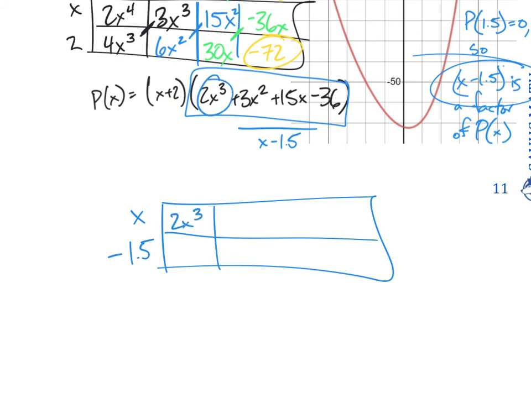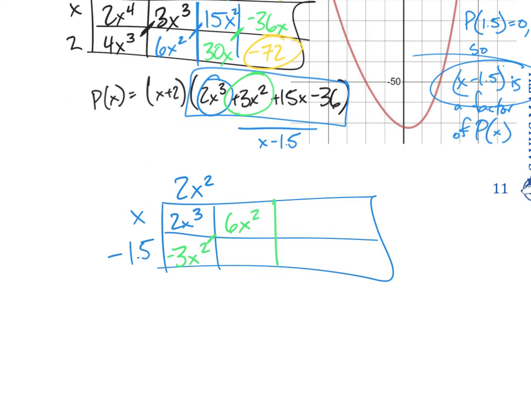Going to have my 2x cubed here. That means I have to have 2x squared here. Then I'll have 3 minus 3x squared here. I don't want that. I want positive 3x squared. So I have to put a 6x squared here.